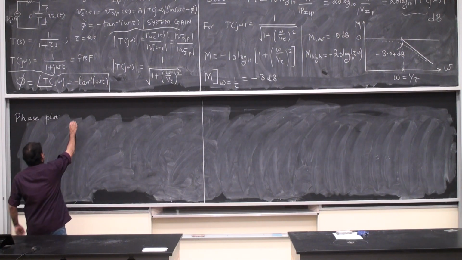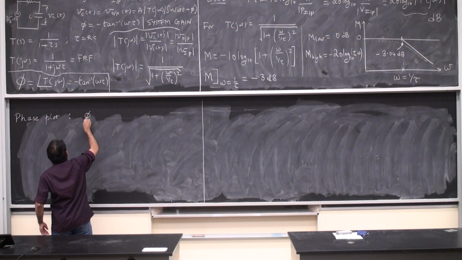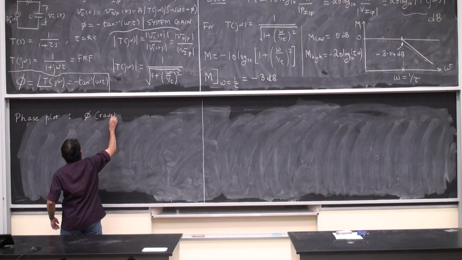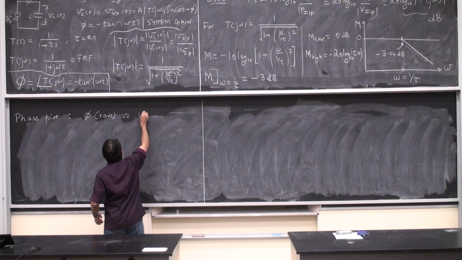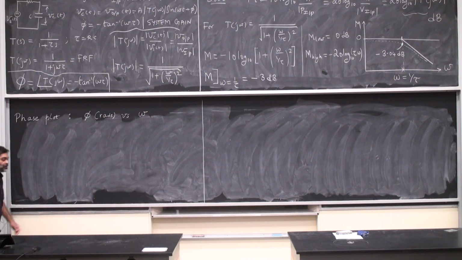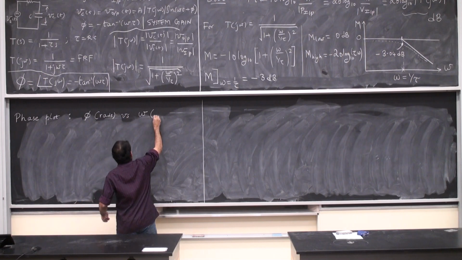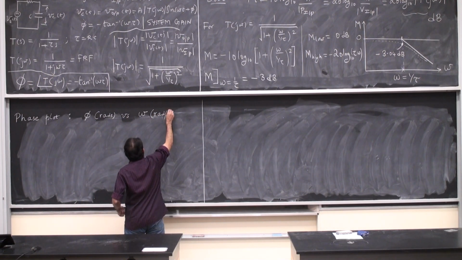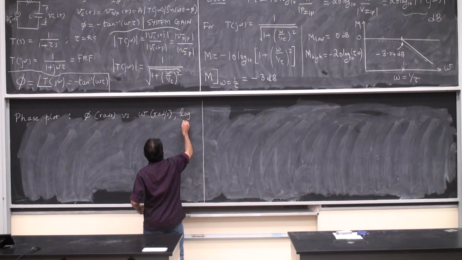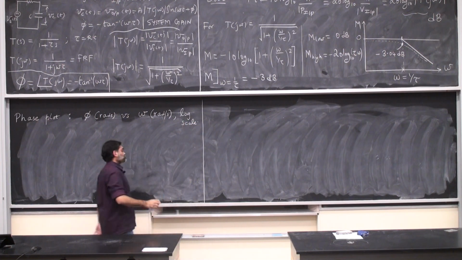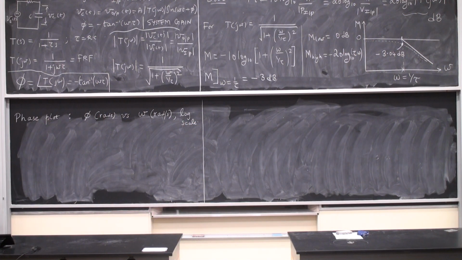We plot the phase in radians versus the system input frequency or the carrier frequency in radians per second, all on a log-to-log scale. Phase of the system is the angle of the transfer function, or it's called the phasor, right, essentially.